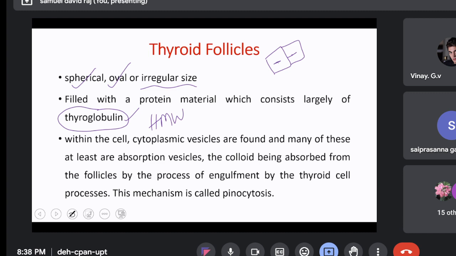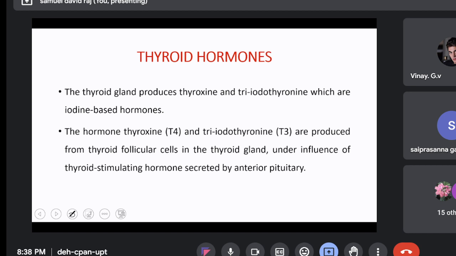Within the cell, a number of cytoplasmic vesicles are found, and many of these at least are absorption vesicles and are responsible for absorption of colloid, followed by the release of the thyroid hormones, a process called pinocytosis, which I am going to explain shortly.